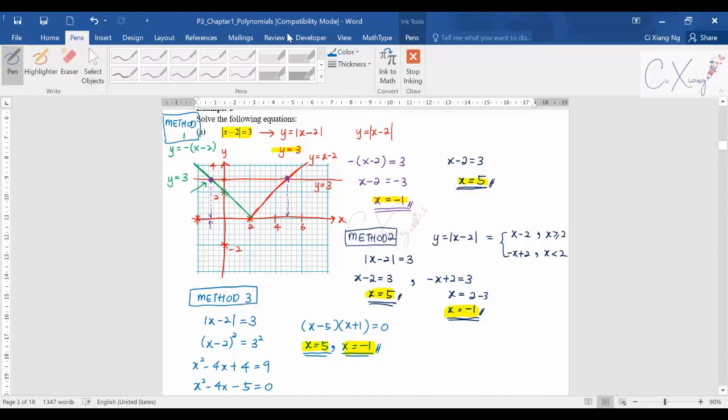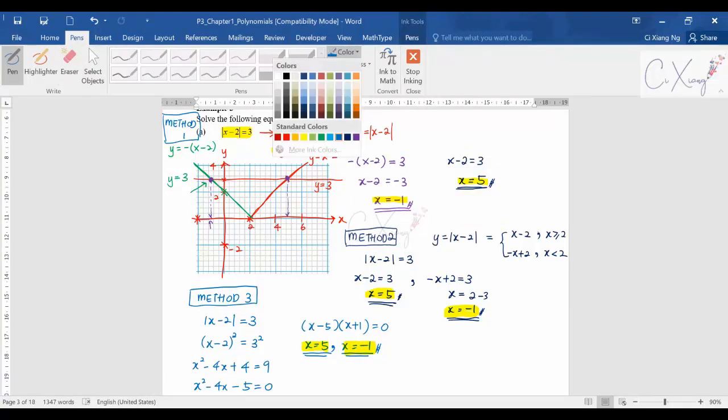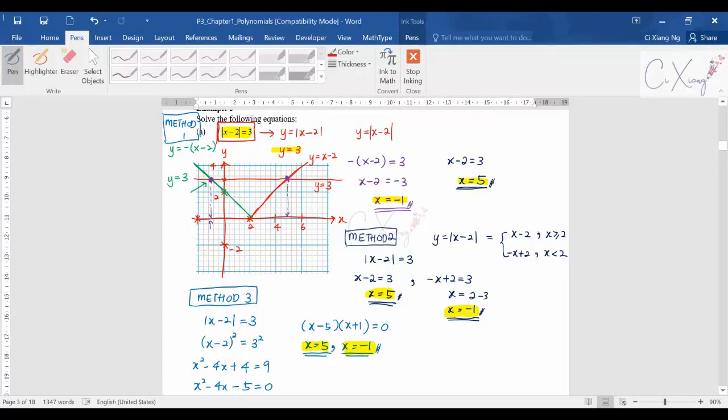For this particular question, modulus x minus 2 equals to 3, generally I use method number 2. You can use 1 or 3, up to you, but to me, among these 3, method number 2 is the shortest and also easiest way to get the answer, and it saves time. So usually I will use method number 2.